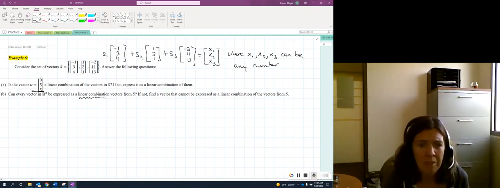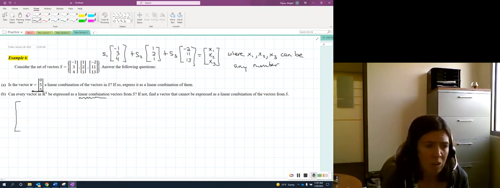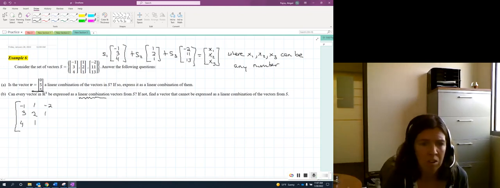So let's see. This vector equation, like I said in the previous video, corresponds to this augmented matrix. We would put these vectors as the columns, augmented with, so this is where we had 0, 5, 5 last time. Now it's going to be x1, x2, x3.